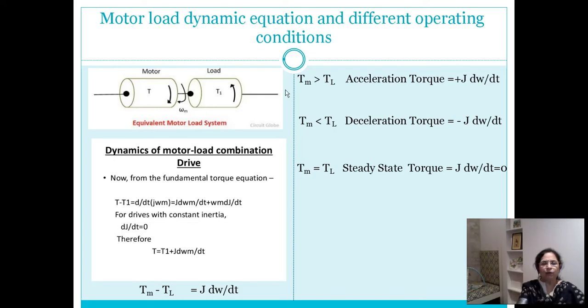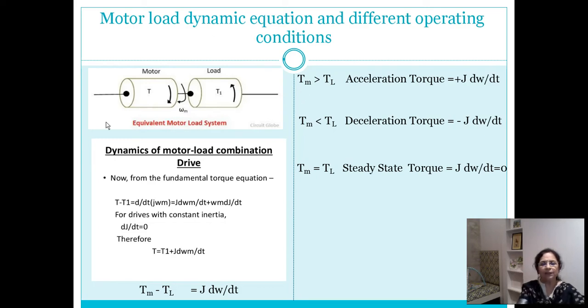When motor and load are coupled together, they are driving at the same speed, and the motor is generating torque, which we call motoring torque, to meet the demand of torque by the load. So we use the terminology that motor drives the load. The motor generates required motoring torque to match the demand of load torque.